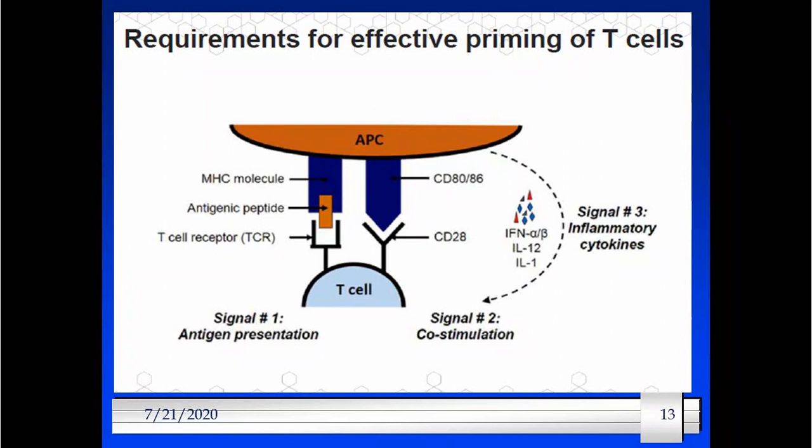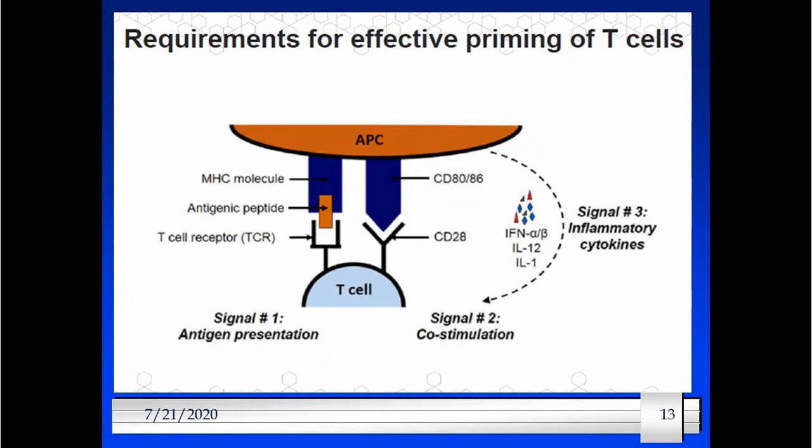The third, if the first and second signals are present, the third signal will exist, which is activation and inflammatory cytokine production. So this is the full picture of priming of T lymphocyte, having three signals.